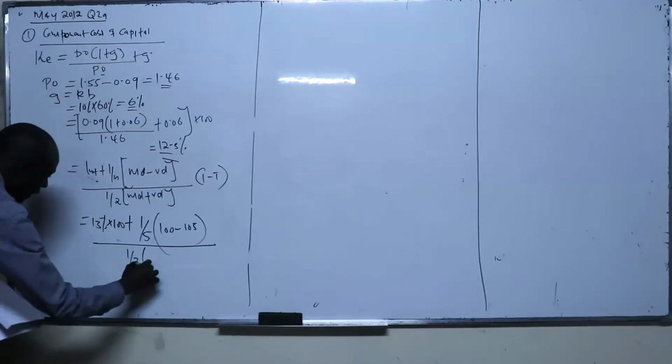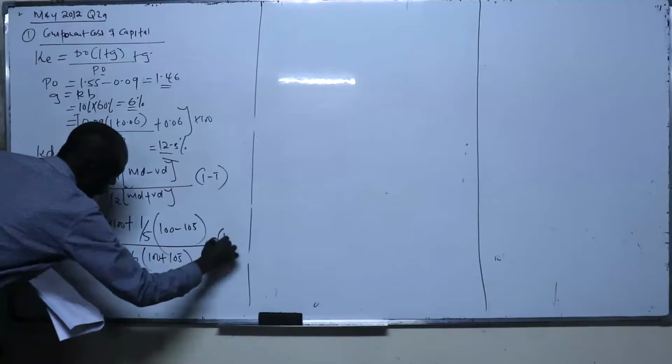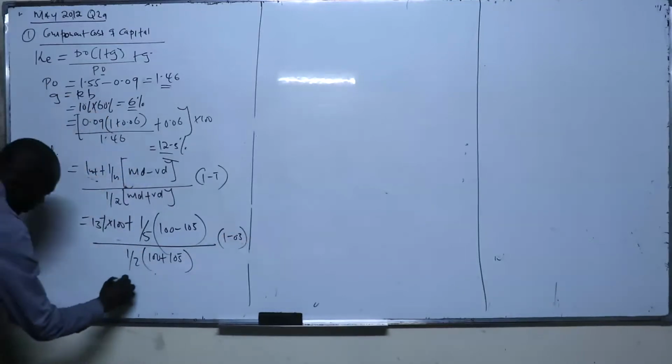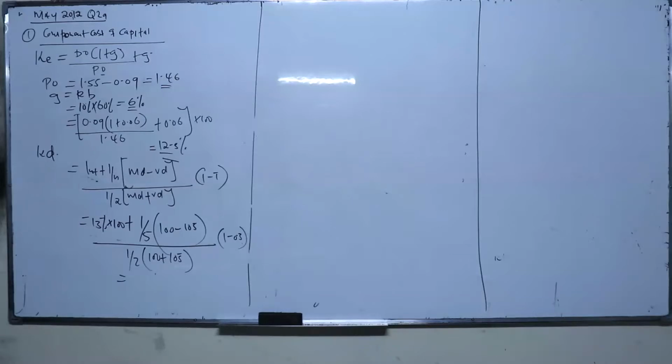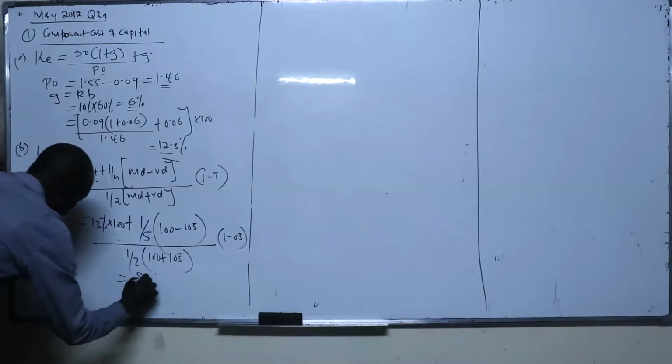Then here half in bracket (100 plus 105), then times (1 minus 0.3). So when you compute, how much do you get? 8.2%.